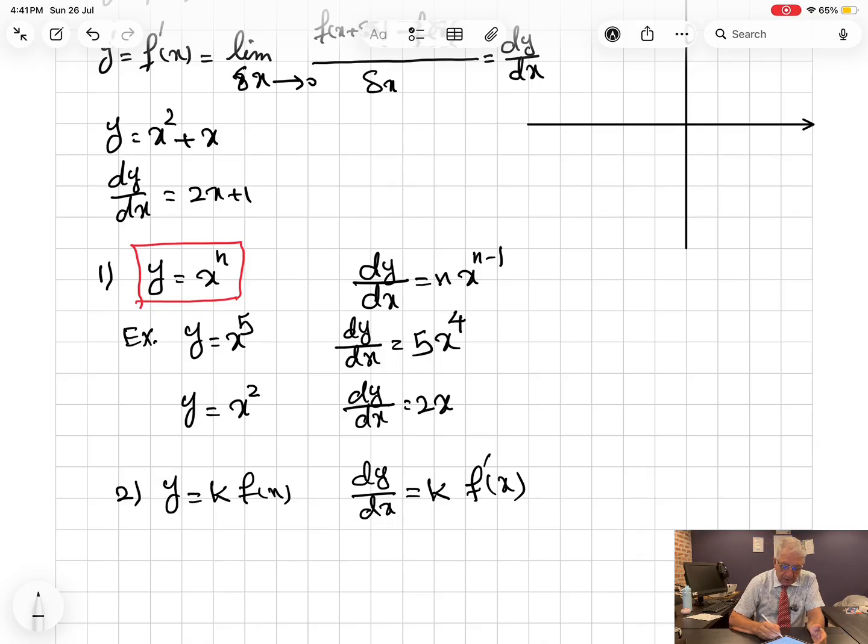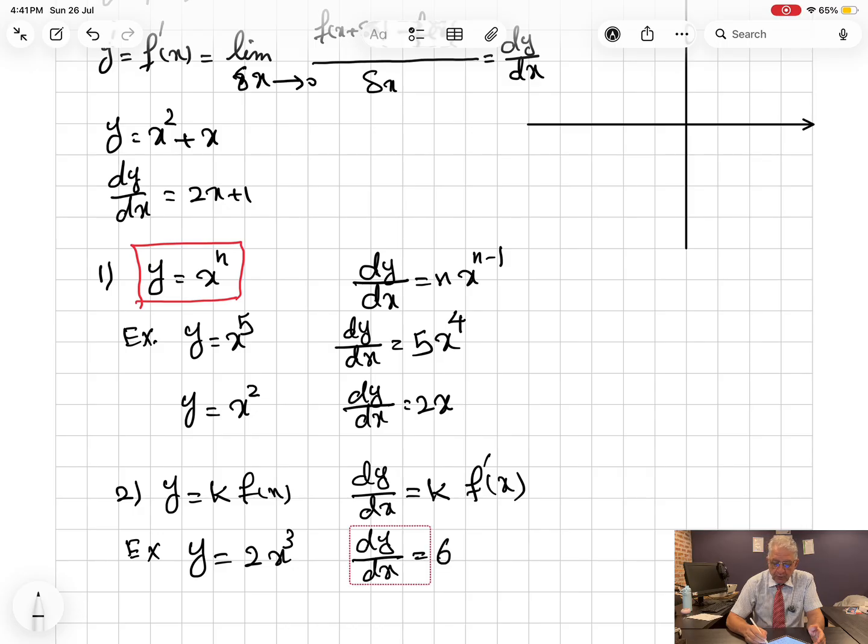For example, if you have y equal to 2 times x to the power of 3, then for dy by dx, 3 should be multiplied here, therefore you are going to get 6 x to the power of 2. Why 2? Because 3 minus 1 is 2. Why 6? Because 3 times 2 is 6.